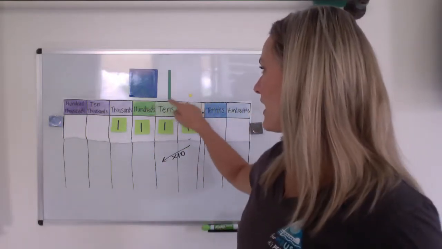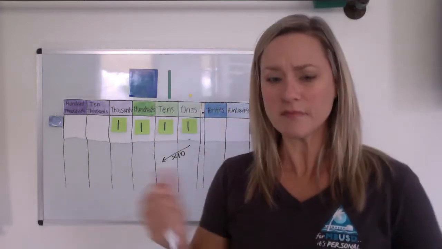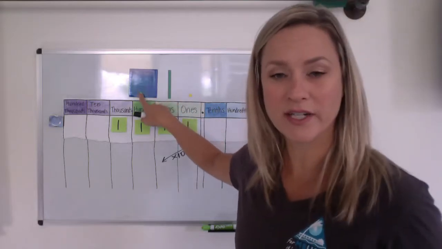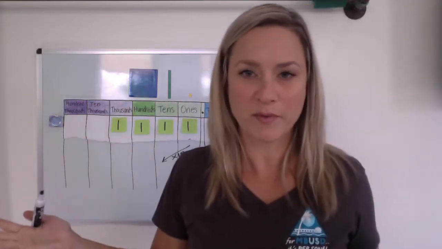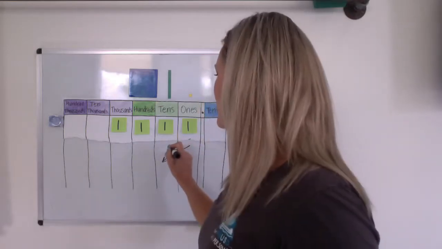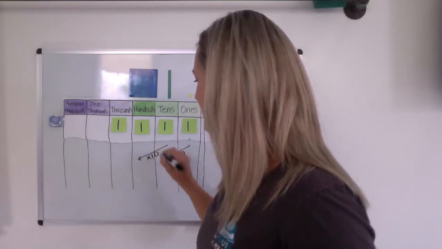Okay, so then how about this? We have 10 right here. How many tens would it take to make 100? Well, you probably already know the answer to that. That is 10. So we'd have to count that 10 times.